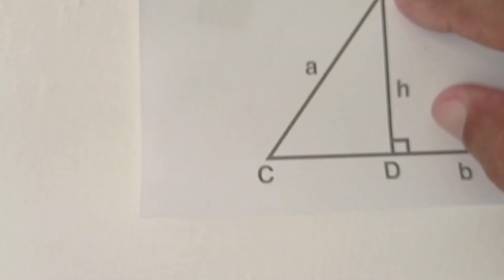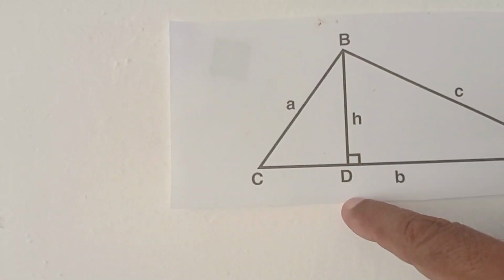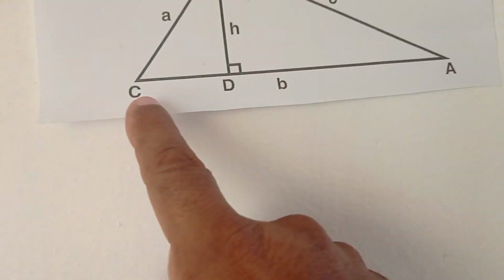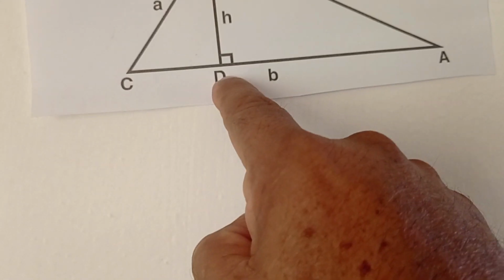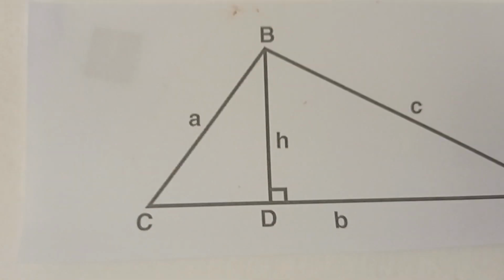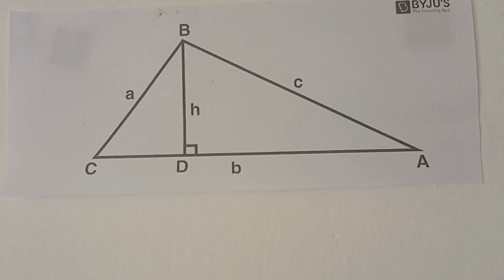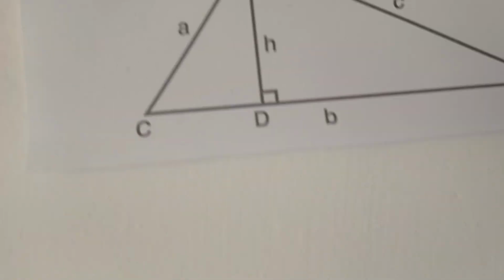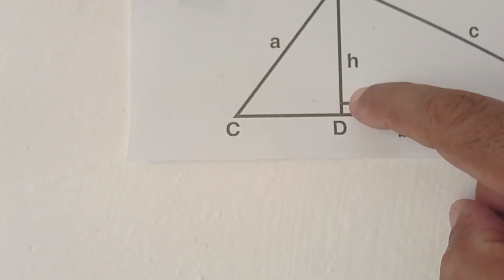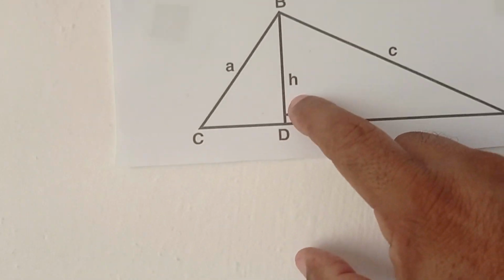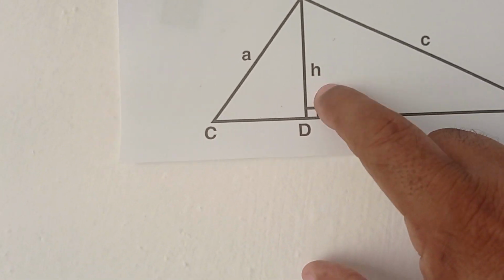So we draw this perpendicular touching the side AC here at point D. This is the height of the triangle, and this height is denoted by the letter h.